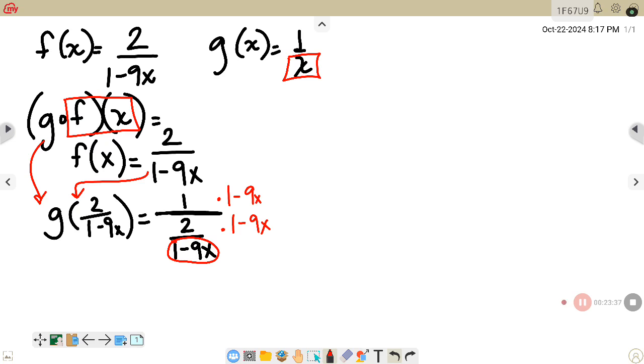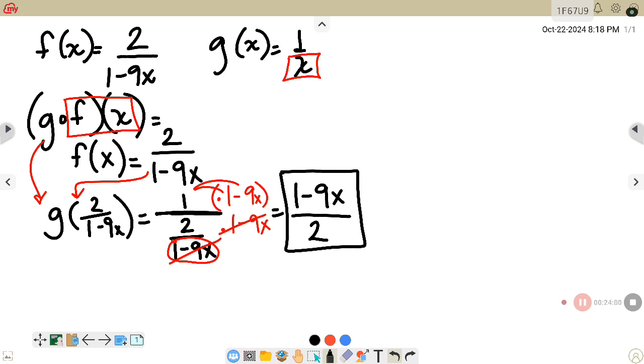In the numerator, when I multiply 1 times 1 minus 9x, I just get 1 minus 9x. In the denominator, and this is why we used it, the 1 minus 9x cancels, so all I am left with is 2. So that is g of f of x.